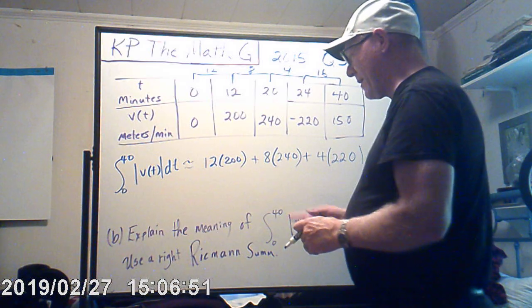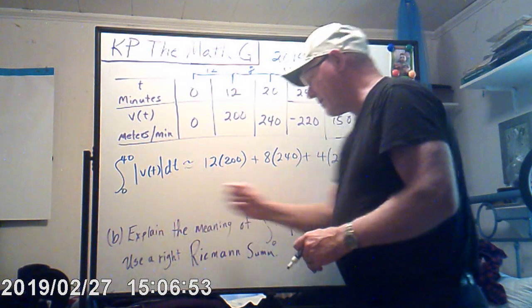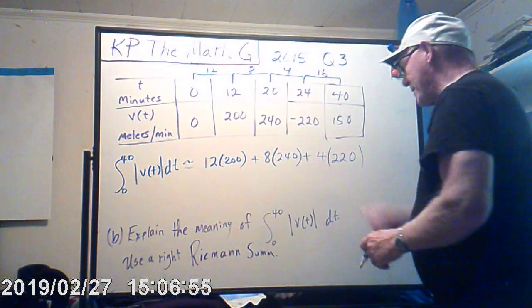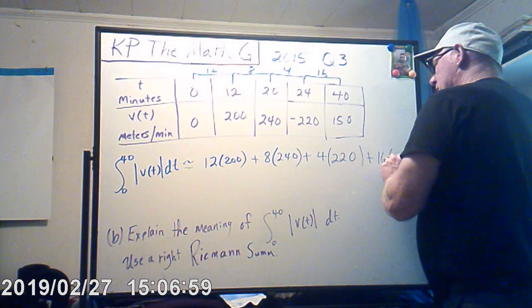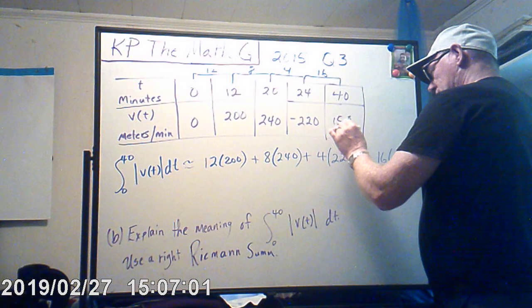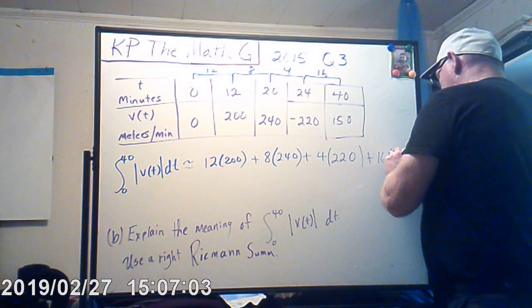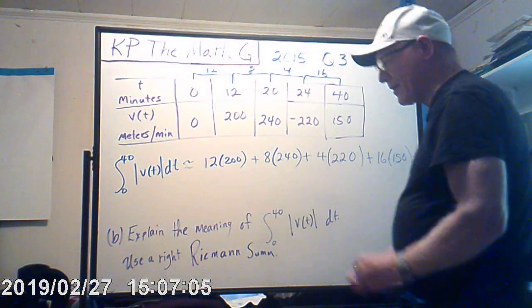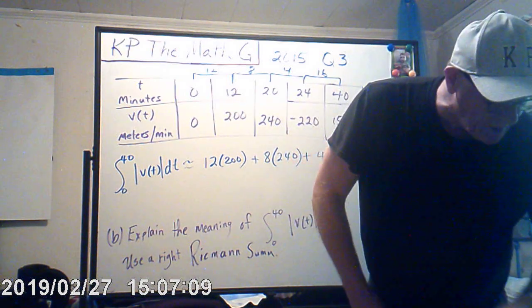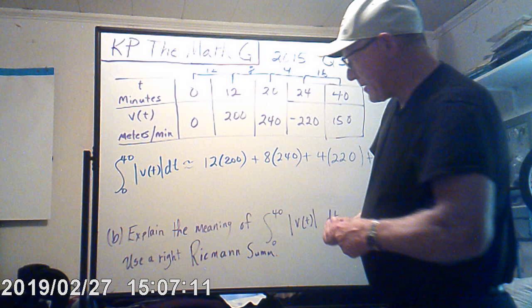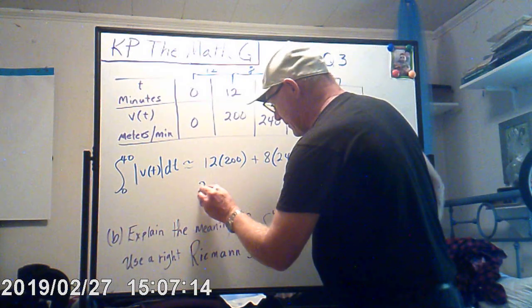But since we're dealing with total, you are taking the absolute value of that. So now 16 times 150. And that is what you're doing there. Okay, just making sure. The answers are, so this will be 2400.